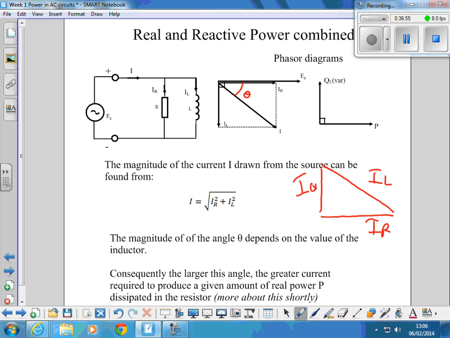It's quite easy if we know any two of them to use Pythagoras theorem. A line current I is the square root of IR squared plus IL squared.